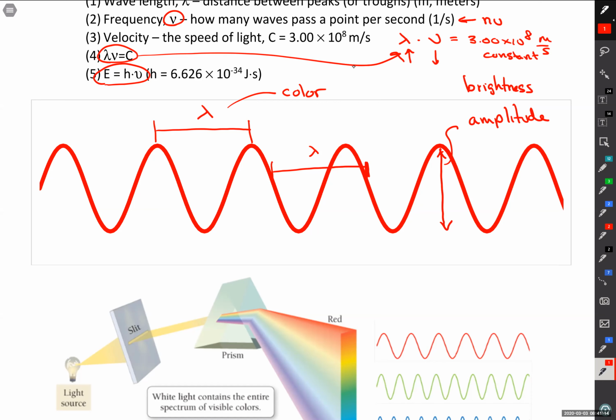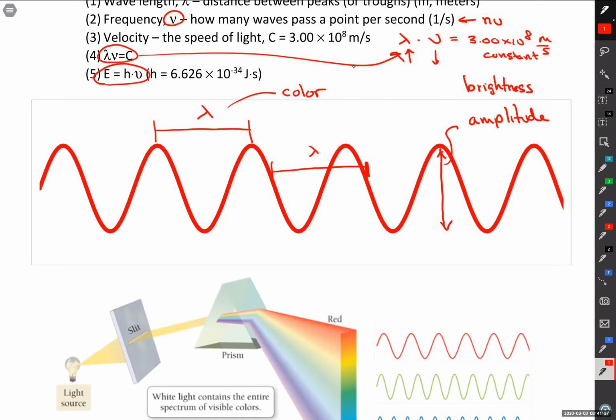You don't need to know the constant. But what happens to the energy if the frequency goes up? If this number's bigger, what happens to this number? It's going to be bigger, right? So they're proportional to each other. So wavelength and frequency are inversely proportional, and frequency and energy are proportional.